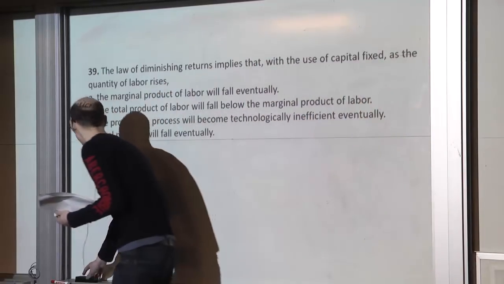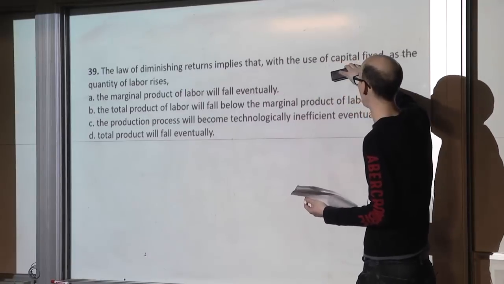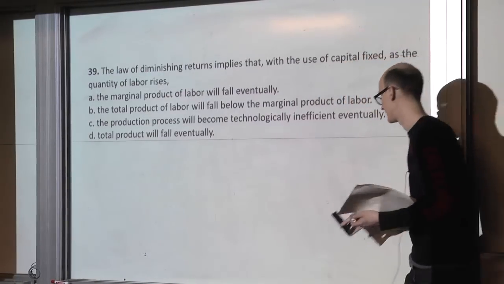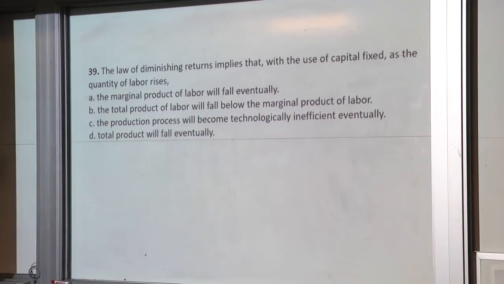Another definition question. The law of diminishing marginal returns implies that with the use of capital fixed, as the quantity of labor rises, what happens? Let's say the good being produced is Big Macs, and we're going to fix the capital, meaning we're going to have just one McDonald's in this market.